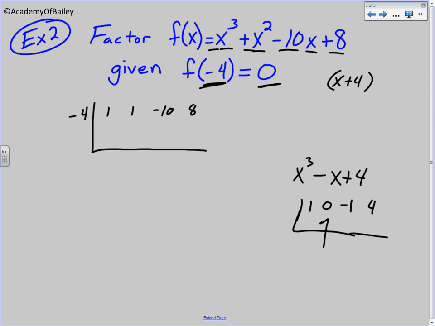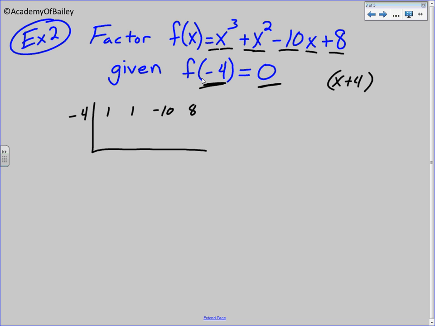You do have to have the zeros in there for the missing variables and exponents. In this case, x squared was the missing one, so make sure you put that 0 in there to hold its place.